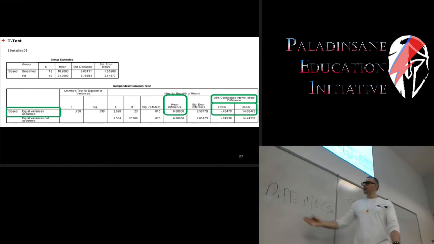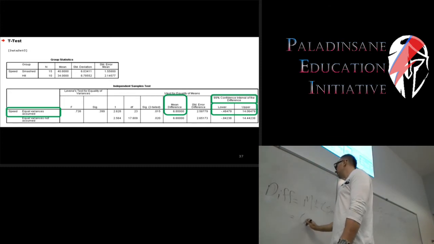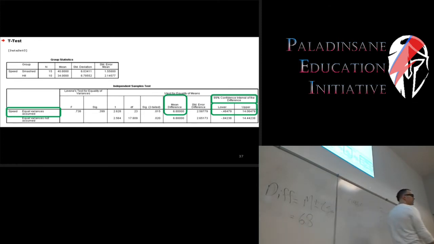So when we put it into this format, like you will have to do for your homework, this first portion here, this point estimate, that's your best guess. In this case, it's the mean difference. It's 6.8 miles an hour. So if somebody wanted to know just what was your best idea, what was your best guess, 6.8 miles an hour would be your answer.